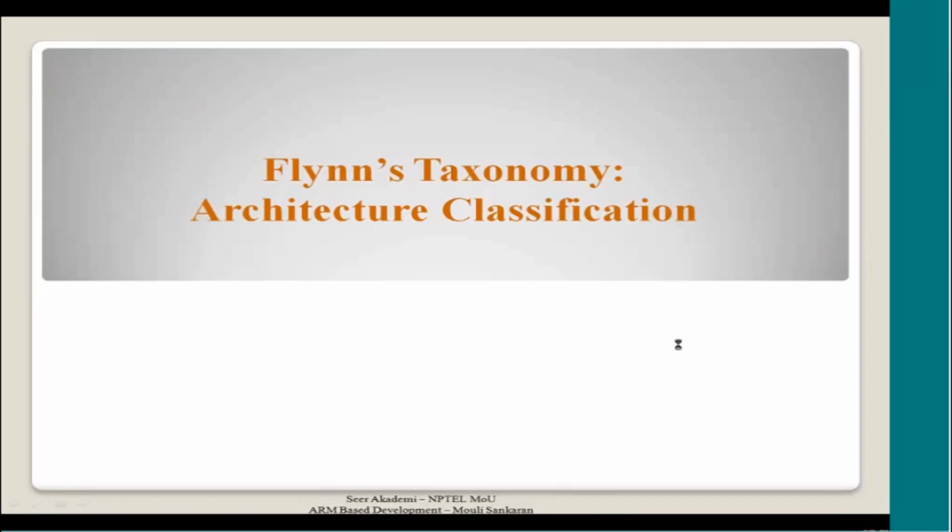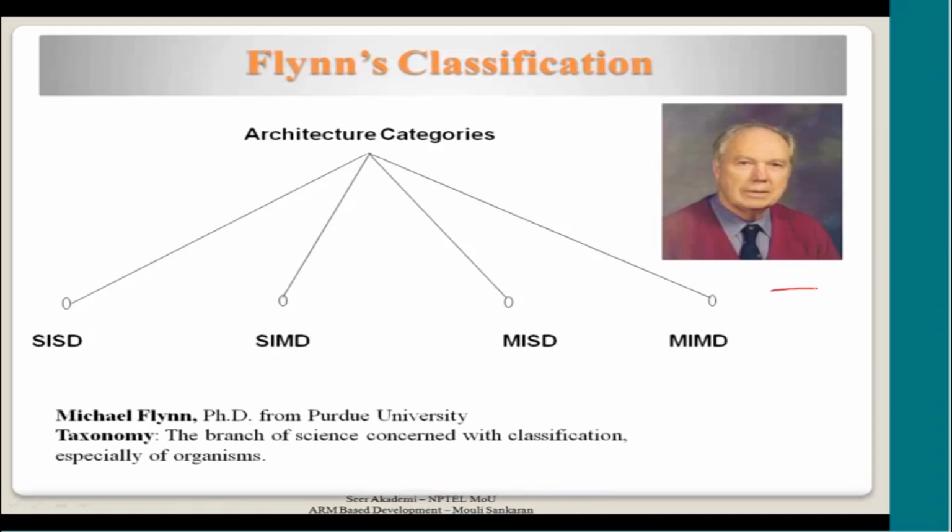The processor architecture classification was actually given in 1965. Later processors fall into different categories now, but this classification by Dr. Michael Flynn gives you a broader view of where a particular processor belongs.